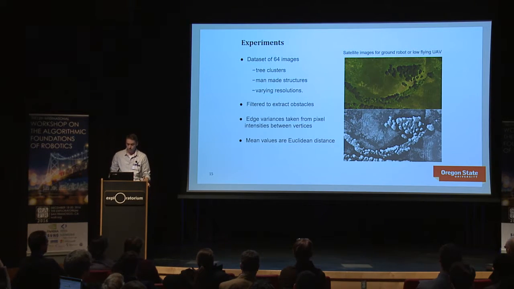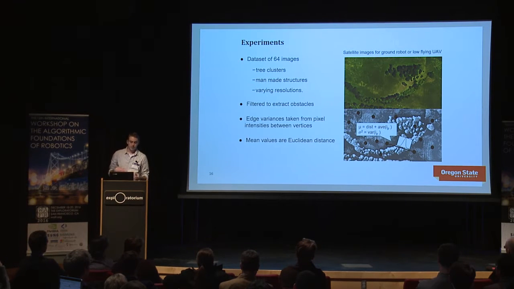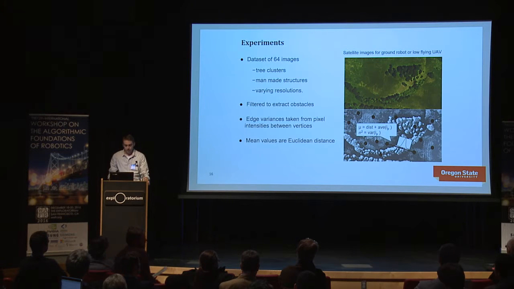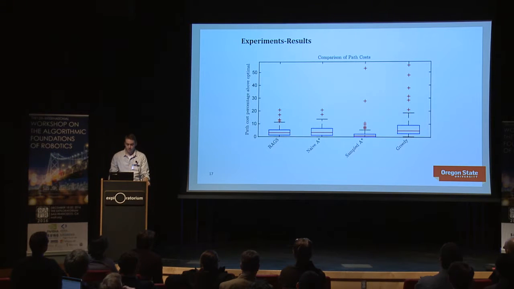We use that to estimate the traversal cost. What we're trying to do is get some idea of the terrain traversability, right? So we use the intensity to generate these probability estimations, and then we ran that through our data set.